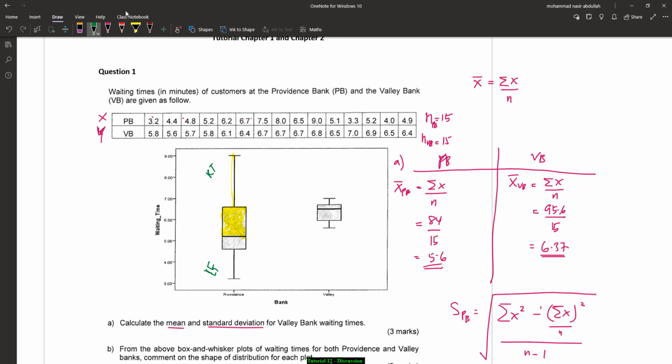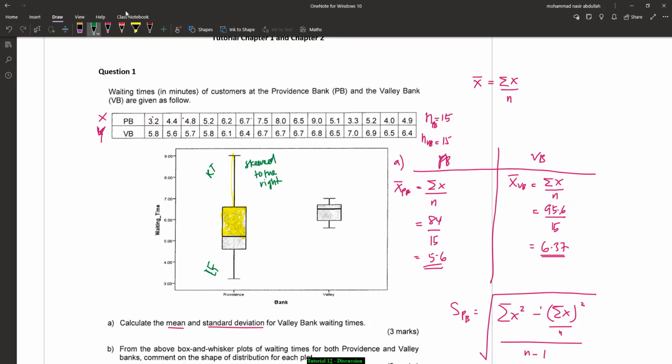So dekat sini kita boleh kata the first one you have for Providence Bank, the waiting time, the data is skewed to the right distribution, right?